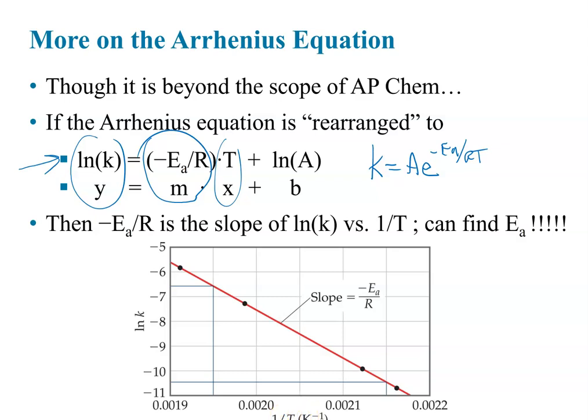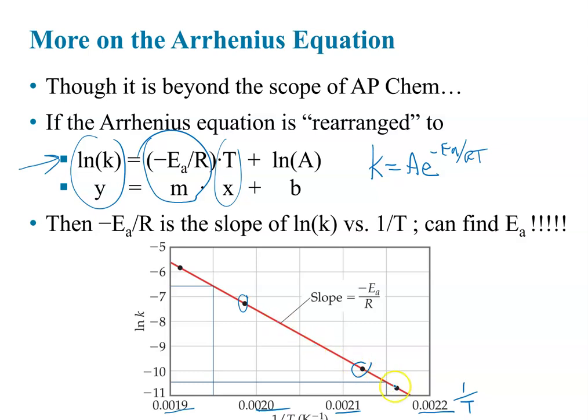You can plot this if you run this reaction at different temperatures, and this is 1 over T. I realize it's hard to see the x-axis scale here, but the x-axis is 1 over T. If you can run this reaction at at least 2 temperatures, and it's a line, and you find the slope of this line, this is really cool.